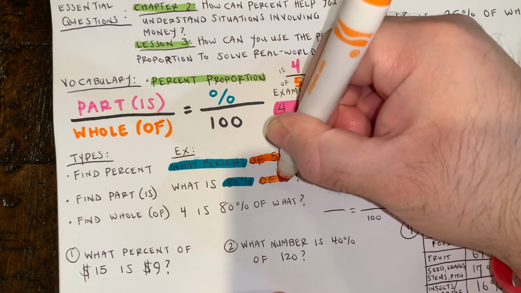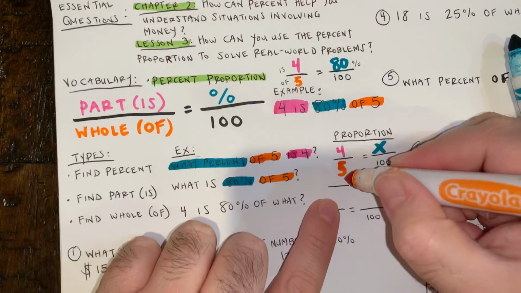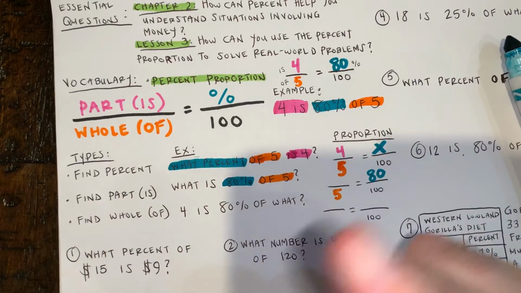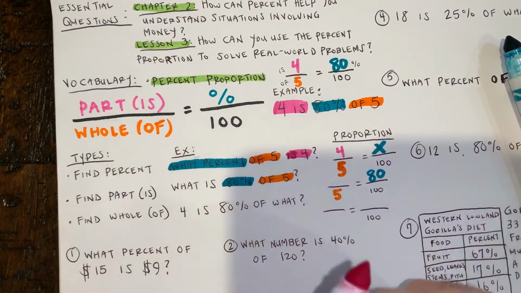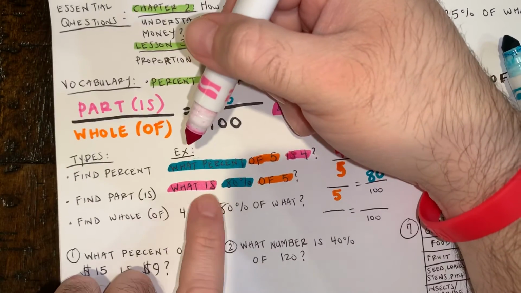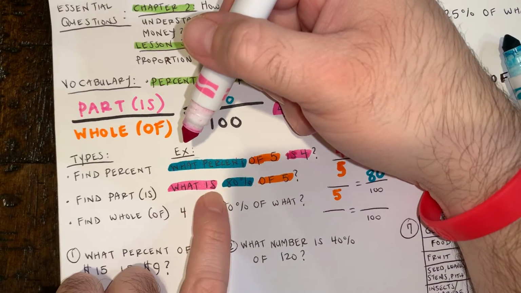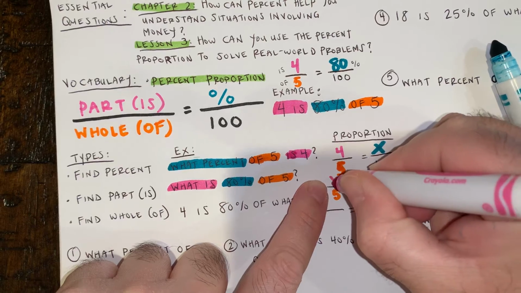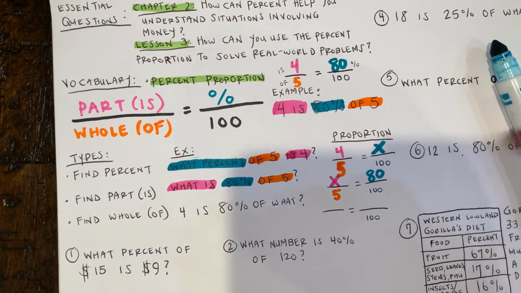That's the only number next to the word of. So 5 has to go in the of spot, which is down here. Then what we have left over is what is. The word what is next to the word is. That means we're missing the part, we're missing the is. So whatever goes in the is going to be the x because that is what we're looking for. So that's how we set up those types of questions.